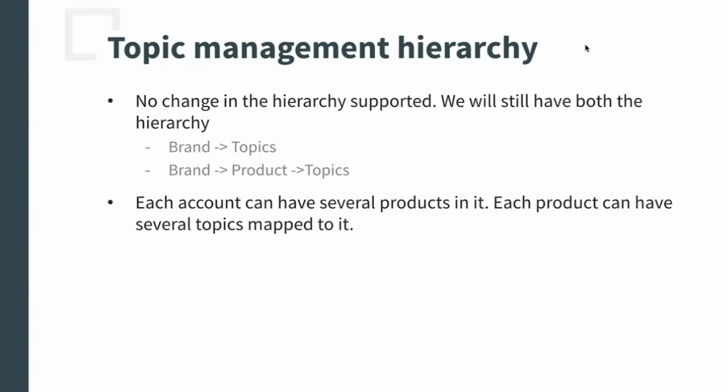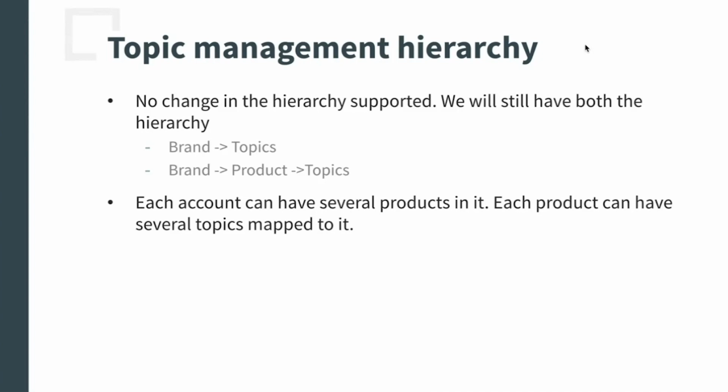In case of brand topics, if you are a brand that sells a single product, say for example a Netflix or a Spotify, they are a single product brand, and they have not branched out their tentacles into other areas. So you could choose a brand topic hierarchy there.